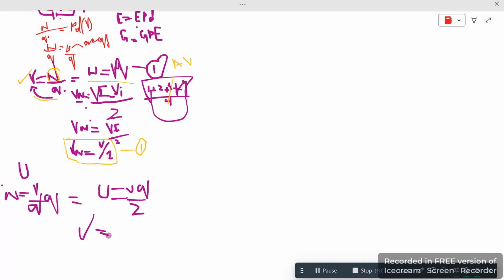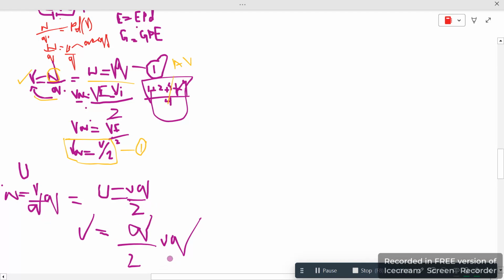V upon 2, V upon Q is the same. Here the charge, and here I have written another V, if I'm not wrong. Let me just, so here is a Q, which is Q charge, because we have the 2Q here.